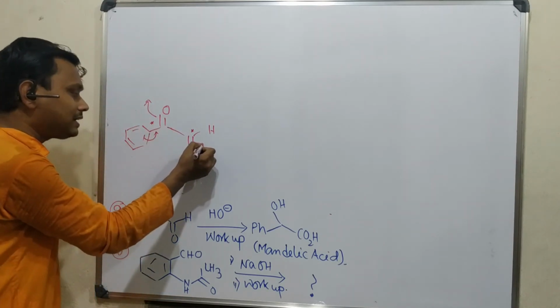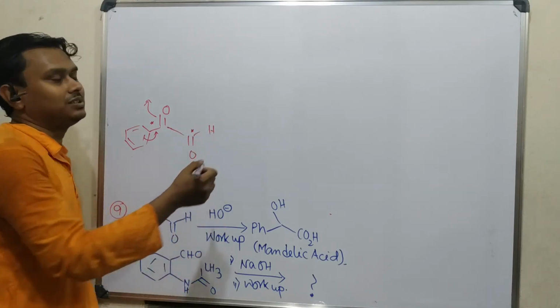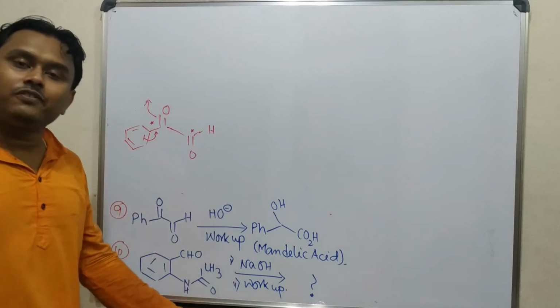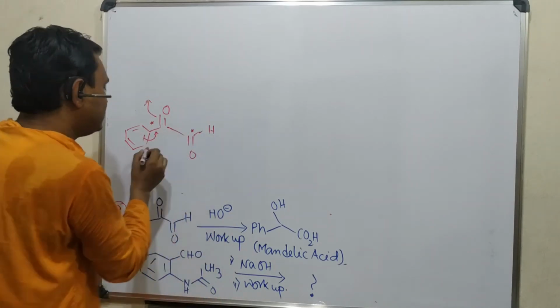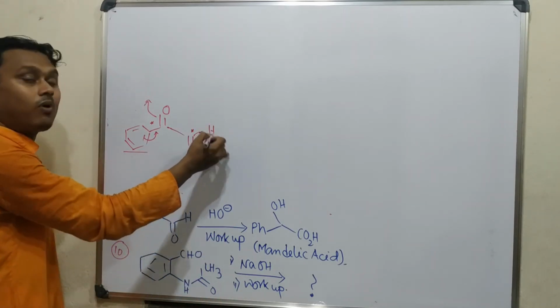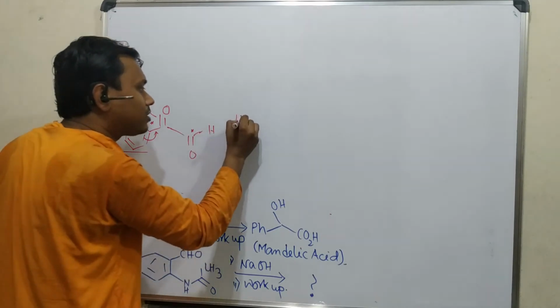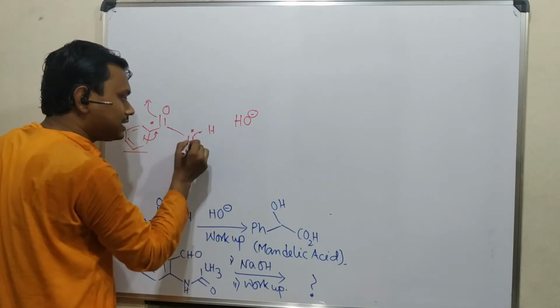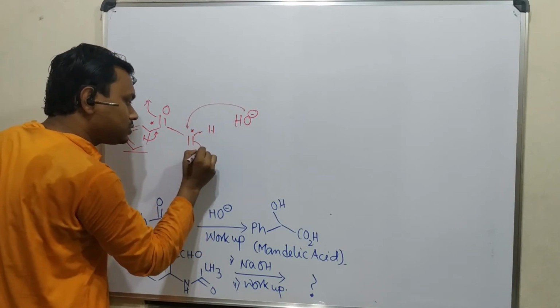Compared to that, there is no such group here. It is benign, you can say no positive effect, no negative effect. Apart from that, this is relatively bulky, this is smaller. So what can happen? Hydroxyl will attack here.